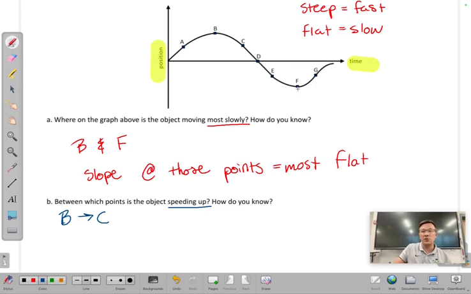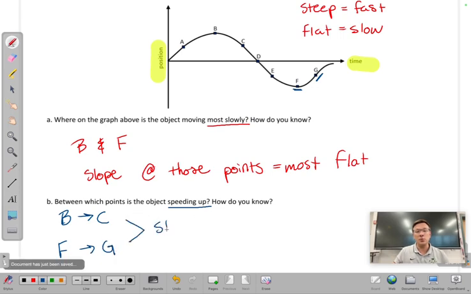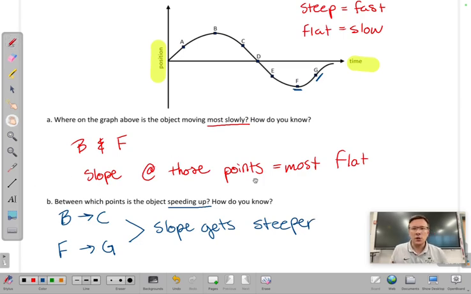So slope is more like this at point F, and it's like this at point G. Point G is obviously steeper. So that would be our second location, from F to G. And the reason for this is slope gets steeper, or more steep. There's a reason I don't teach English.